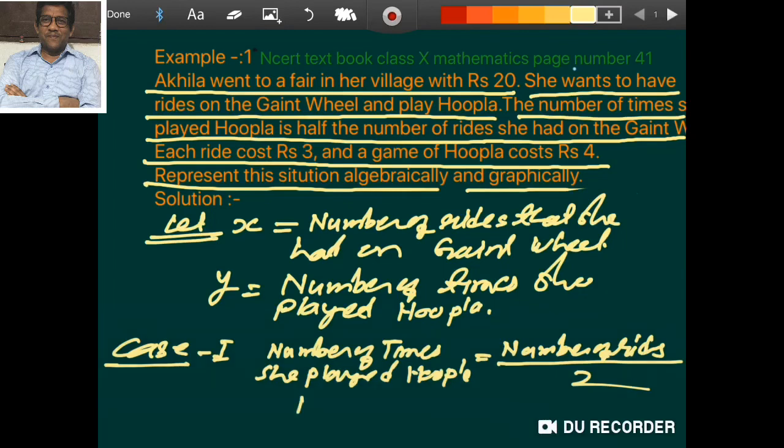So y is equal to half of x. This gives 2y is equal to x, or x minus 2y equal to 0.